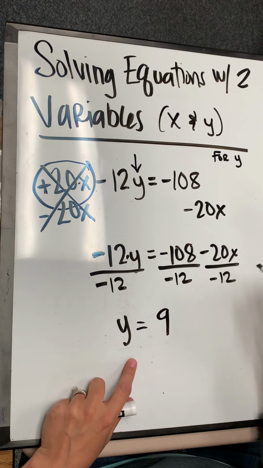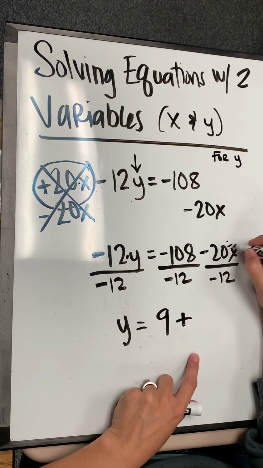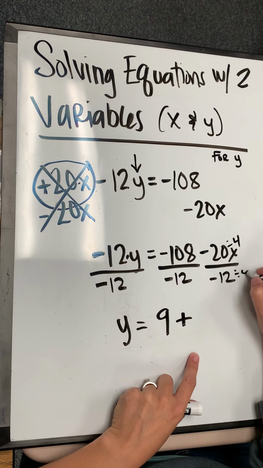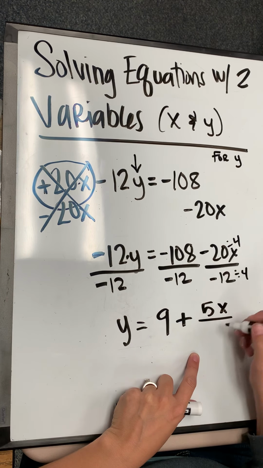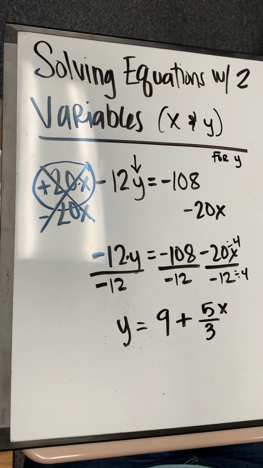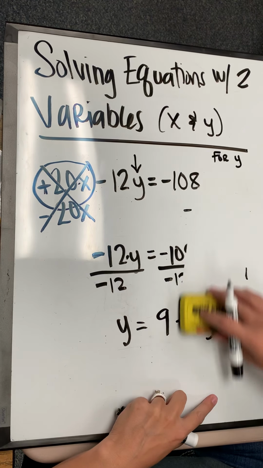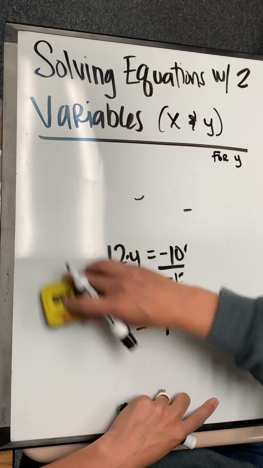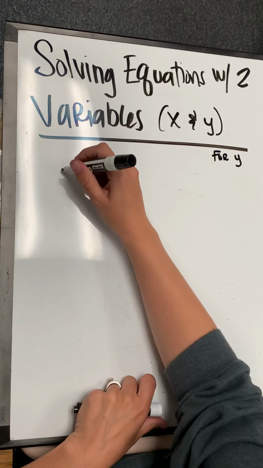Also, a negative divided by a negative will be a positive. 20 is divisible by 4 and 12 is divisible by 4, so we'll have 5x over 3. So 5/3 x would be our answer. I'm gonna go ahead and show you one more, just because I think it'll be good.